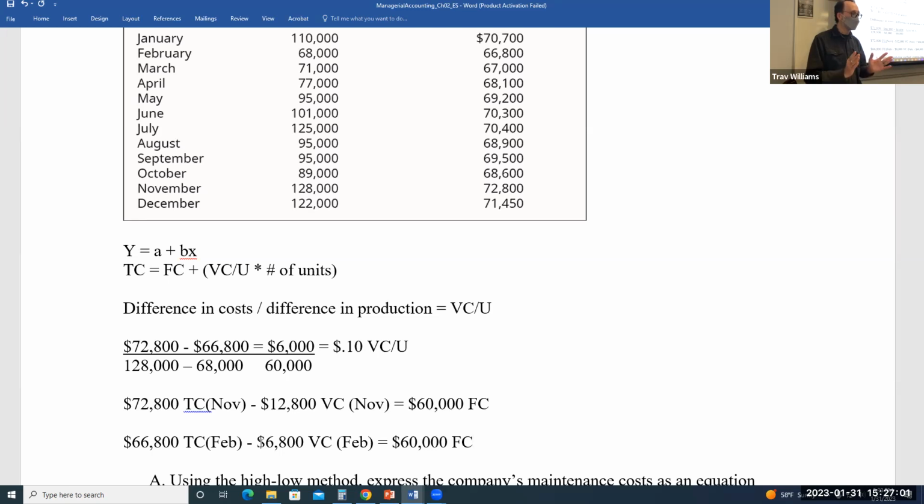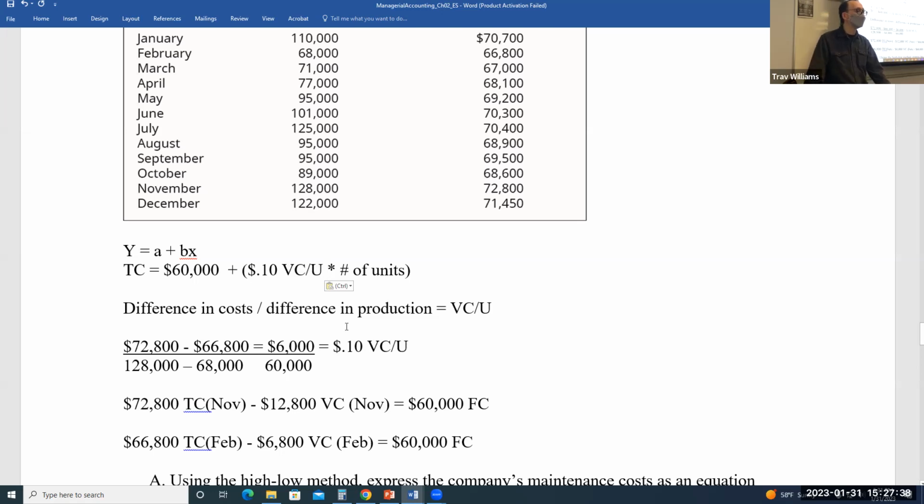So, like I said, the last step now, we can go back to this formula up here. Either this one, or let's just go ahead and use this one. So if we want to figure out total cost at any level of production, it's going to be fixed costs, which we figured out in this case was $60,000, plus variable cost per unit, which we figured out was 10 cents, times the number of units.